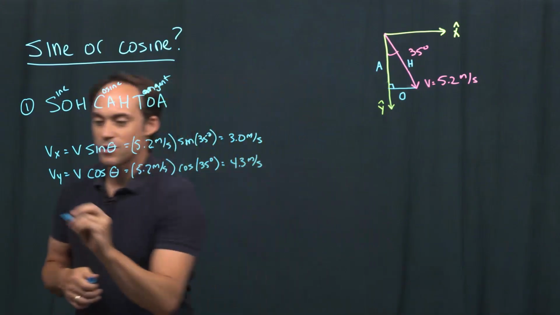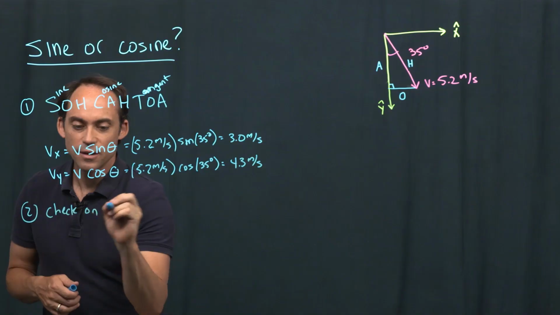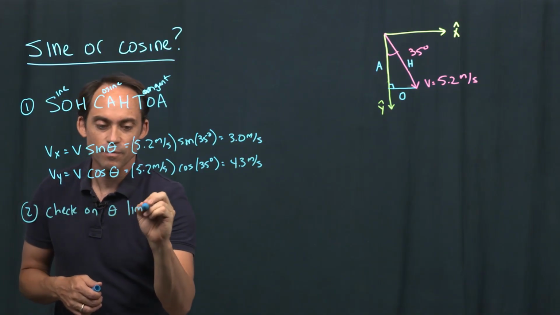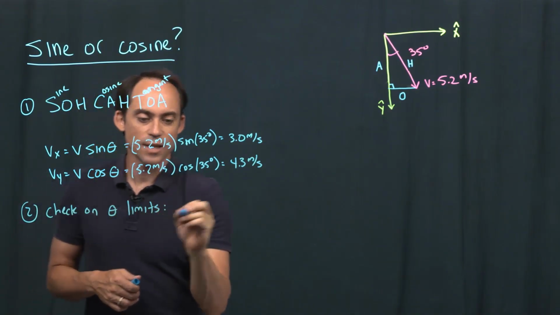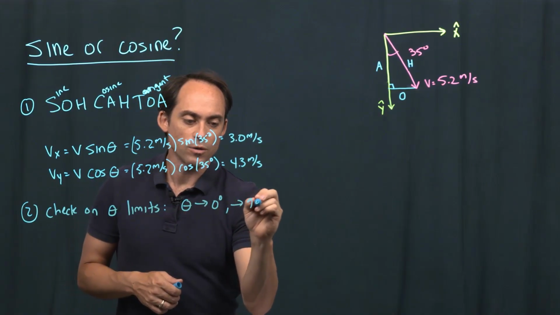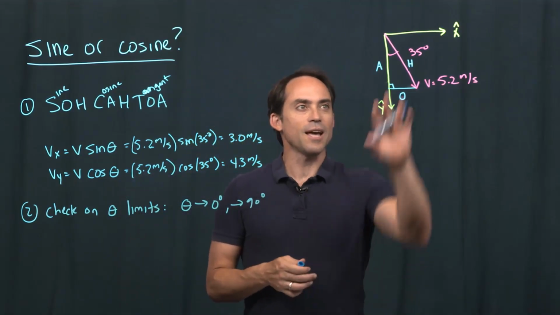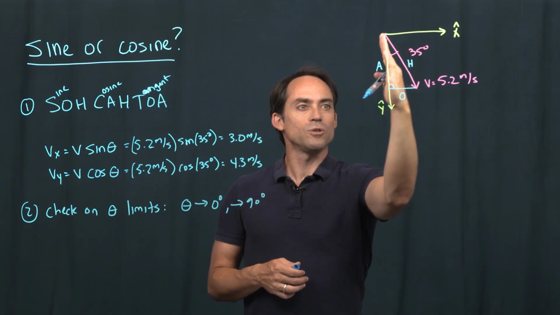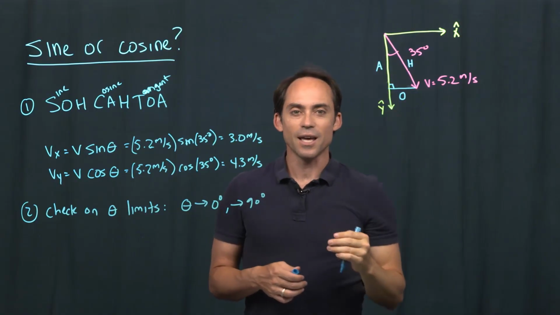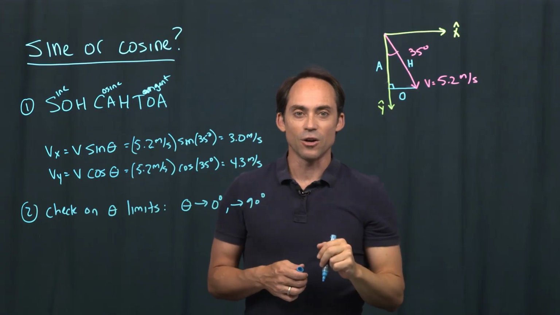The other way we can do this is to check on angle limits. So that's cases where the angle goes to 0 degrees or it goes to 90 degrees. So let's take the first case. If this angle 35 degrees goes to 0, then in that case the v vector is pointing entirely along the y-axis.